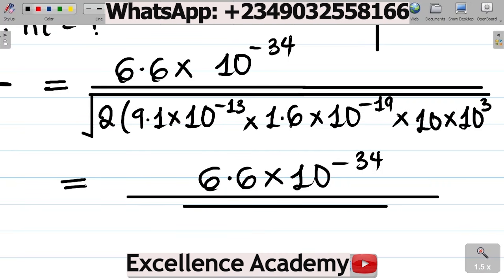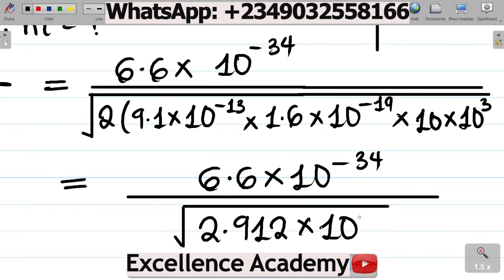What we have there is 2 times 9.1 times 10 to power minus 13 times 1.6 times 10 to power minus 19 times 10 times 10 to power 3, which is kilo. The value there is 2.912 times 10 to power minus 27.